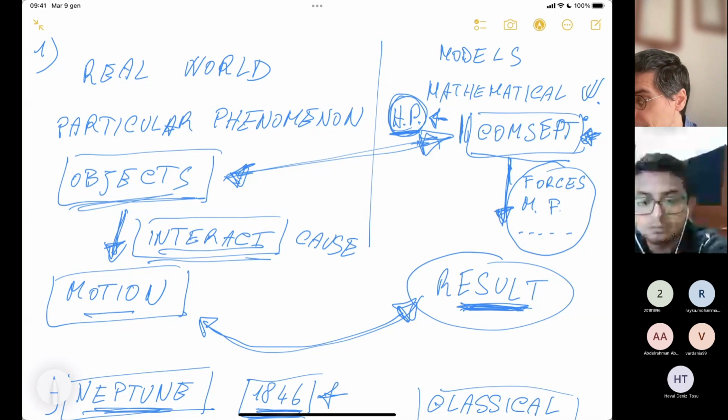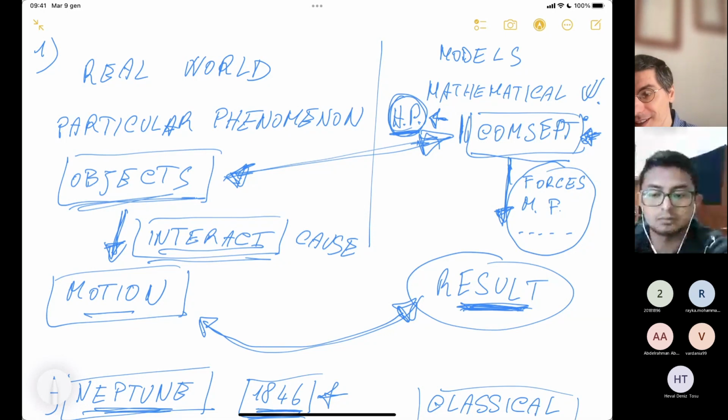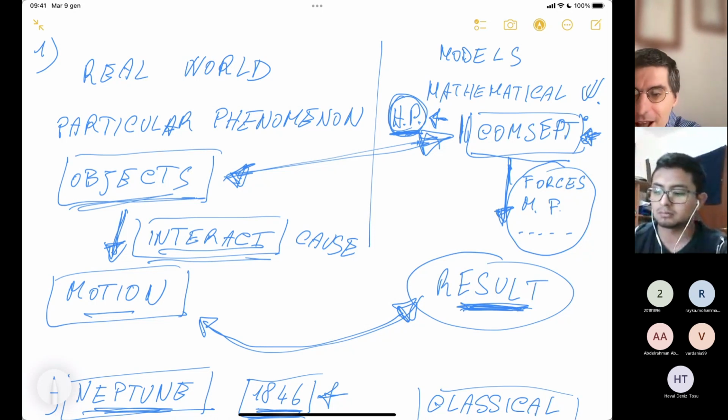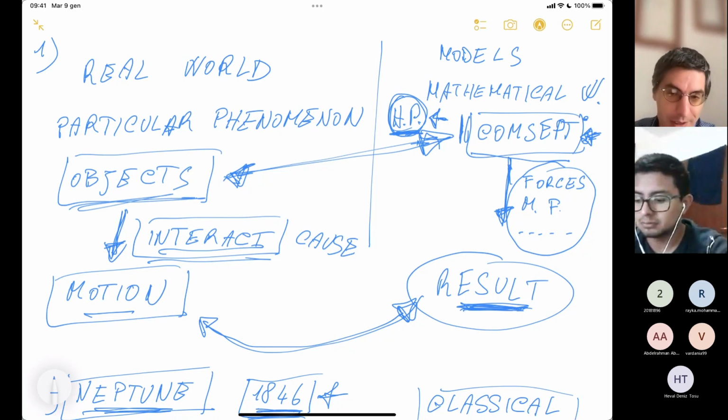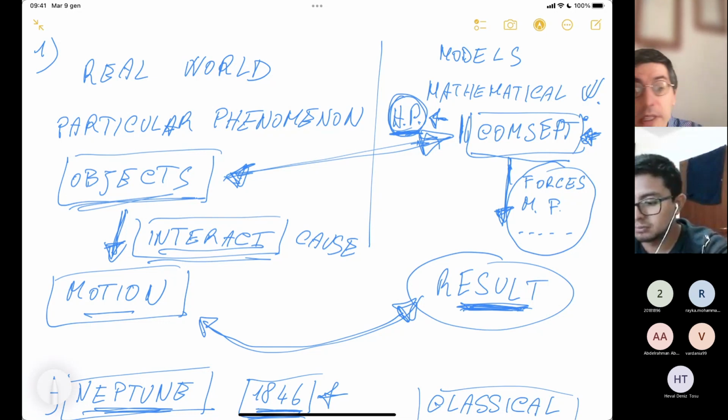So since logic is always correct, what can be wrong is what you fixed at the beginning, so your hypothesis. If some hypothesis is wrong, of course, the result will not be the same. So this is a possibility.